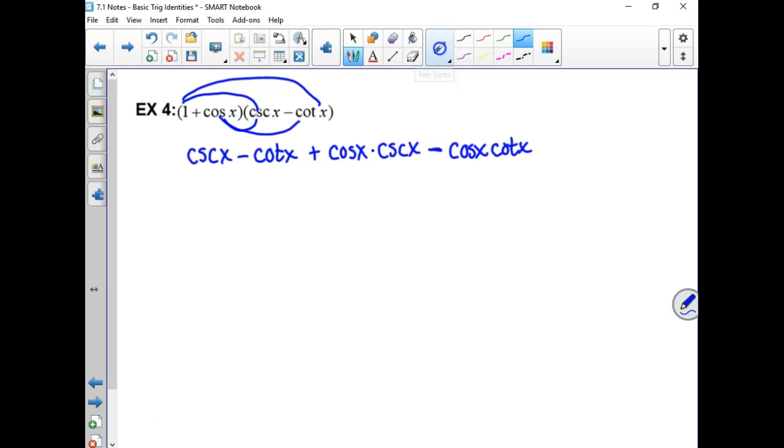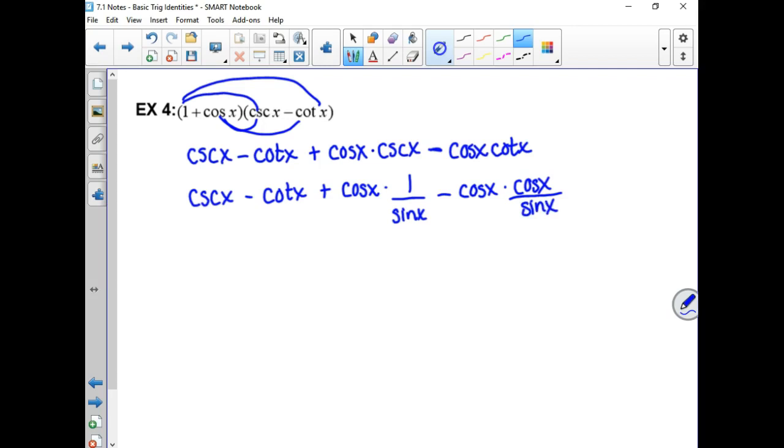So cosecant and cotangent we can't do too awful much with right now. But let's remember that cosecant x is 1 over sine x, and that cotangent x is cosine x over sine x.